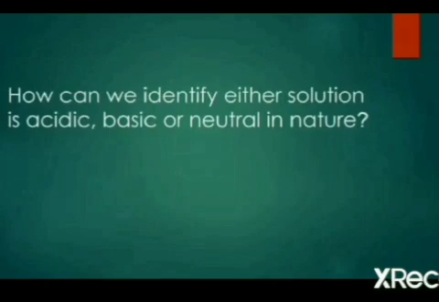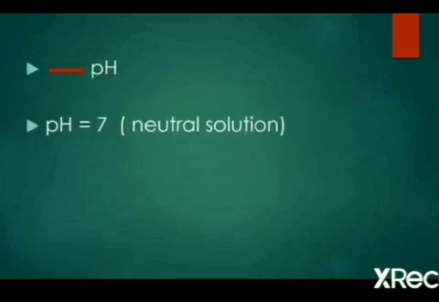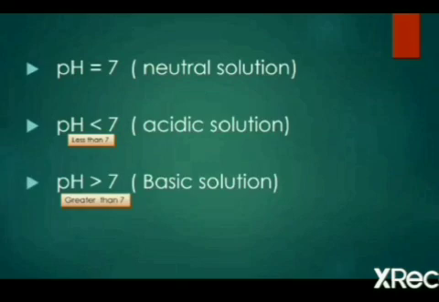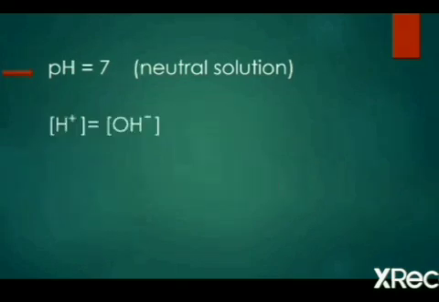How can we identify whether a solution is acidic, basic or neutral in nature? By pH. If pH is equal to 7, solution will be neutral in nature. pH less than 7, solution is acidic. pH greater than 7, solution will be basic in nature.